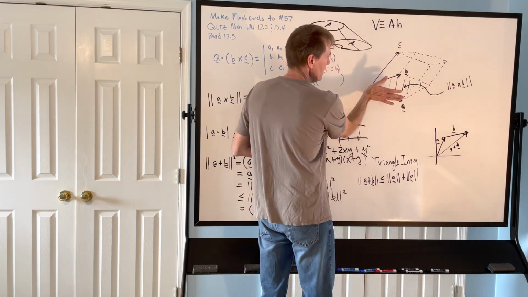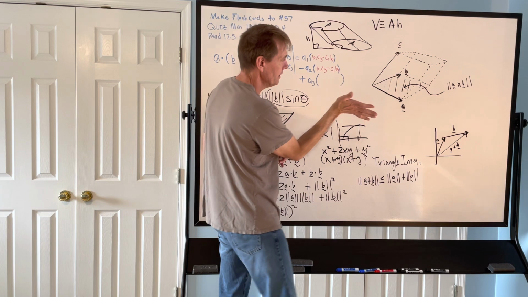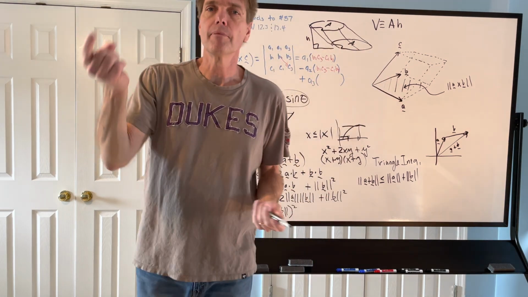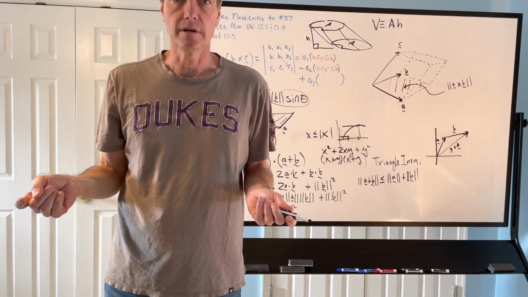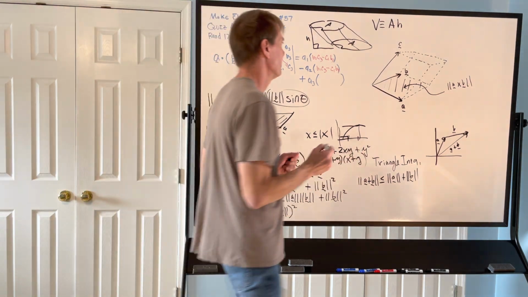If we do A cross B, now pull out your right hand and hold it up to the video. If I do A cross B, would the vector point up or down from the plane containing A and B? And what did you say? You said up. Very good.